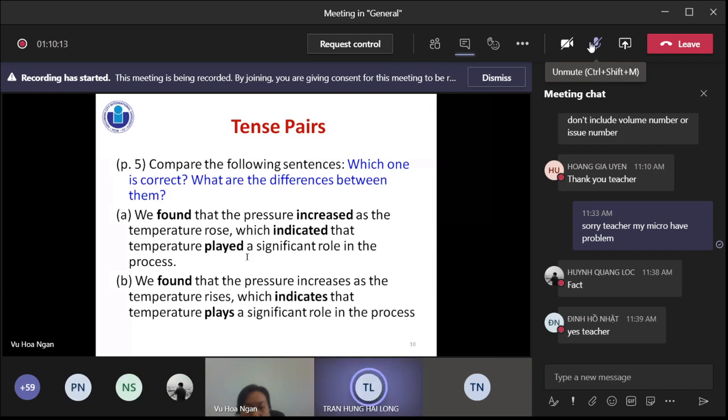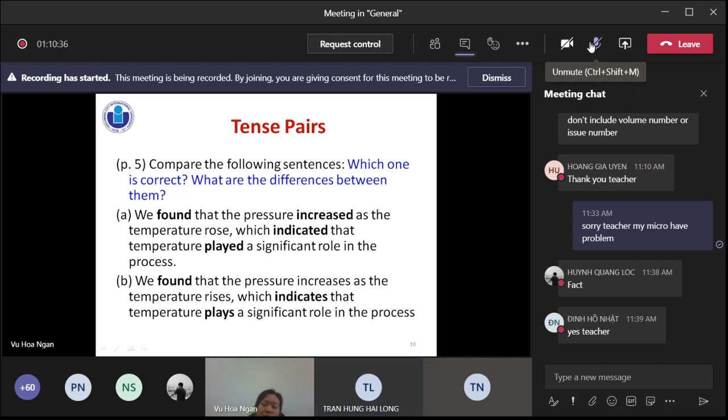I think I have the same answer as Lộc because we have to use past simple in the sentence here. So you think A or B is correct? I think A is correct. A is correct because they use all of the simple past tenses. Yes. Okay.